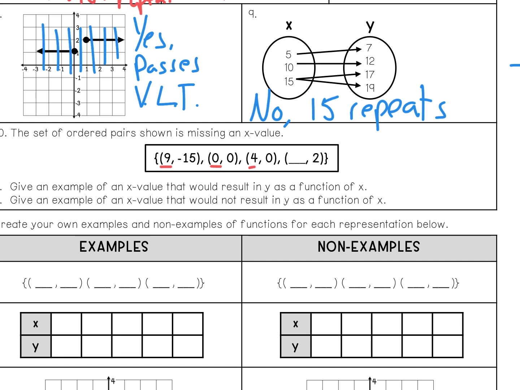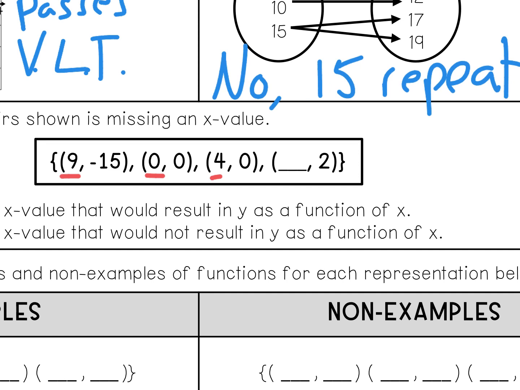Okay. Lexus, can you give me a number that would work? 5. 5 also works because 9, 0, 4, 5, it doesn't repeat. Allison? 12 also works. Okay? Because 9, 0, 4 do not repeat. Now, what are my only choices for part B?